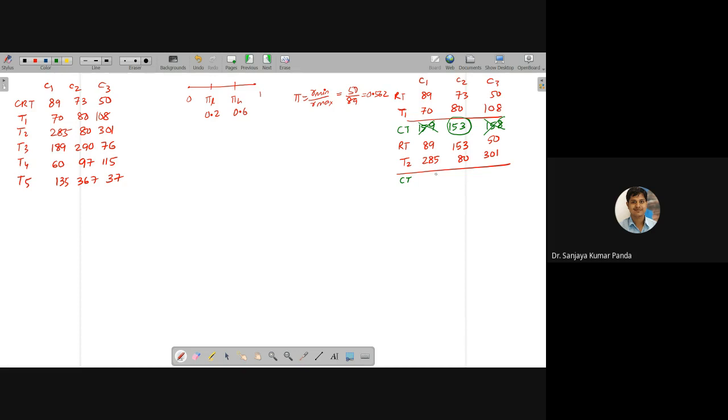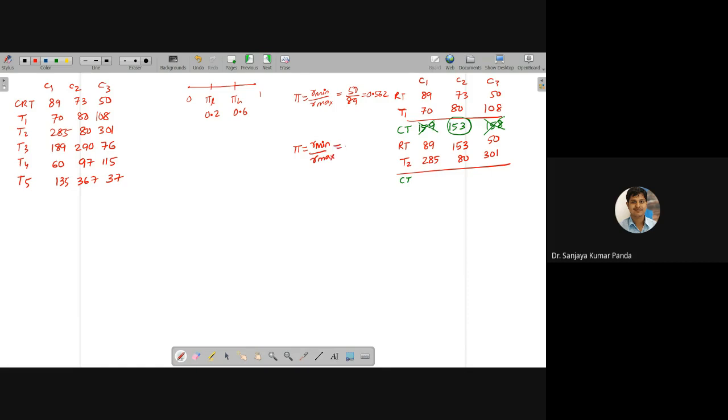Before going to T2, sorry, I forgot to tell you, in the T2 case, what you have to do? Again, you calculate the pi. So, pi is nothing but Rmin divided by Rmax.